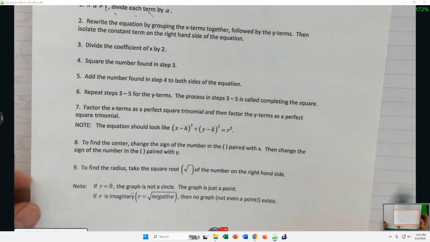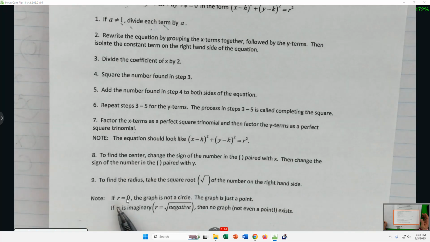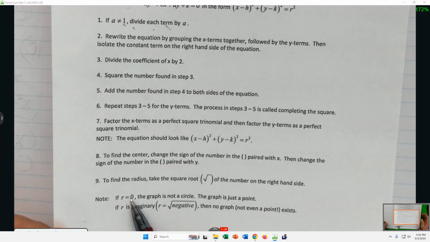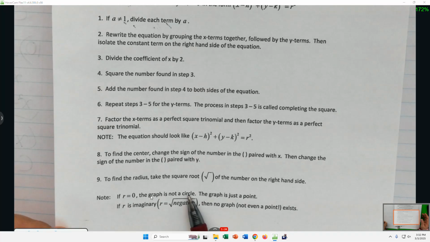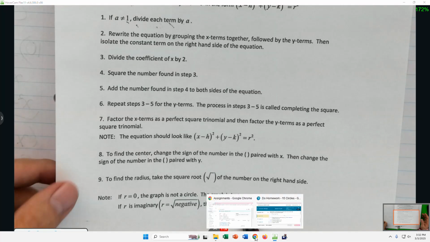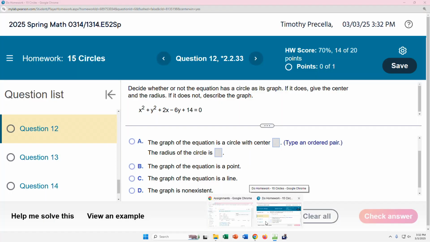Now, if we go through and we get a 0 on the right-hand side, meaning the radius is 0, then in that event, the graph will just be the center point. That's what they're saying for option B: the graph of the equation is a point. That means that the radius turns out to be 0. Well, look at option D. The graph is non-existent.